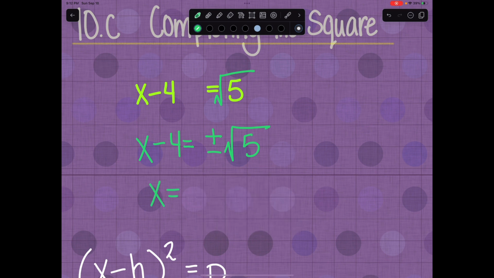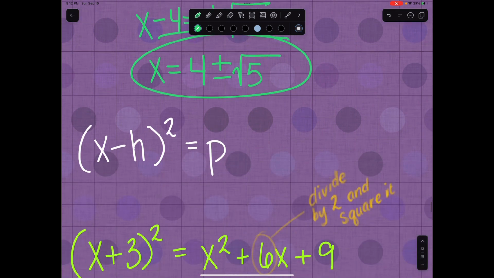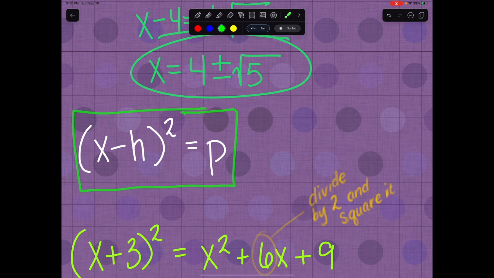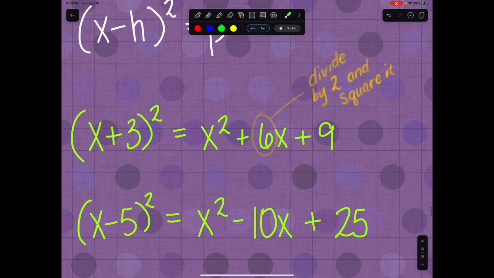Have x is equal to 4 plus or minus square root 5. That's it. So when you see an equation and they want you to complete the square, they want you to get it into this format so you can go through that process. And once you get it into that format and do the math, you're going to notice some interesting things.